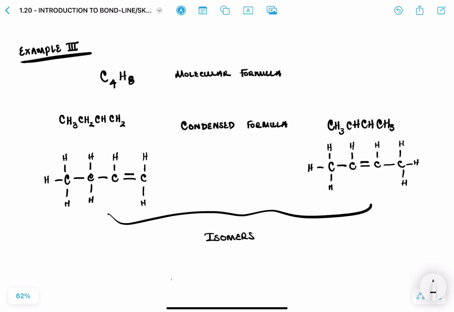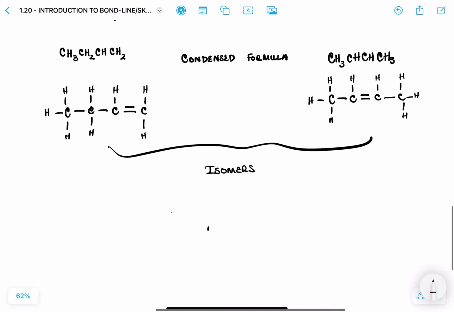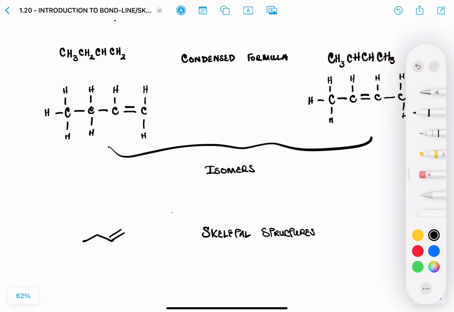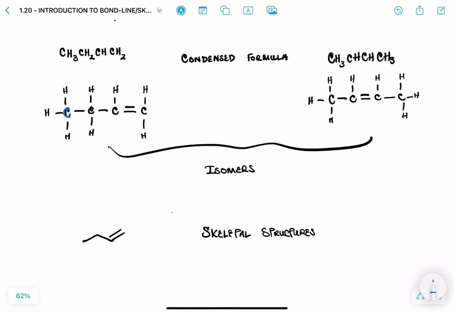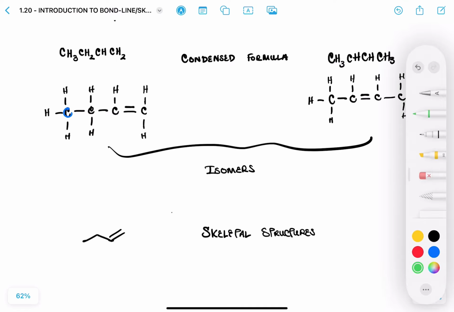And so now we can draw the skeletal structures of each. And so that would look like, so I'll go ahead and color code these. So this will be the first carbon.